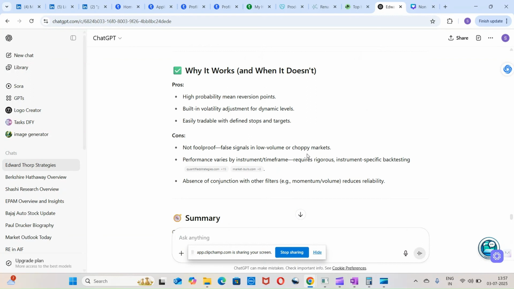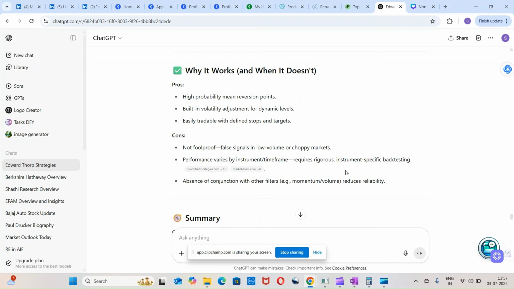Cons are, again, it's not foolproof. It will give false signals in low volume or choppy markets. In choppy markets, nothing works basically, and you don't know in advance whether it's going to be a choppy market or a trending market. We can only take a guess by using CPR, whether it's going to be a volatile market or a choppy market. That's again not for sure.